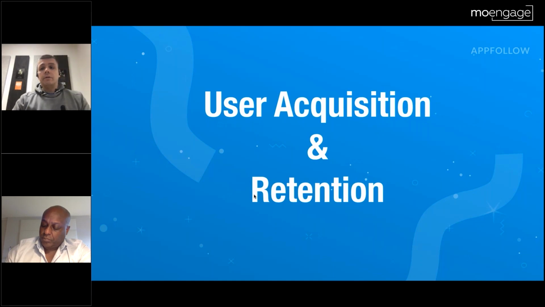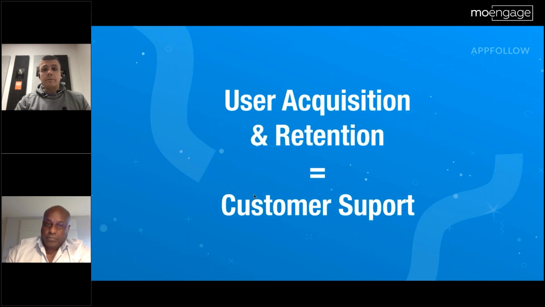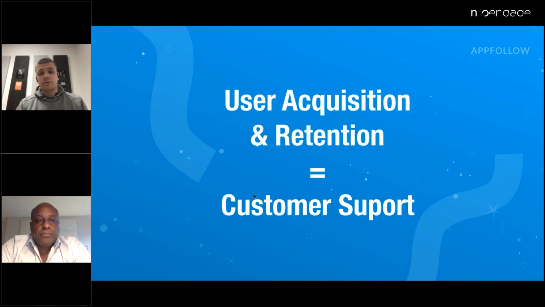Now, how this ends and how you can improve this when working with reviews, and how you can optimize on that. We believe that user acquisition and retention are very much the same as customer support, meaning that whether you're a big developer or a small developer, you have to pay attention to your customers, and you have to follow up on everything customers are writing to you in the app stores.